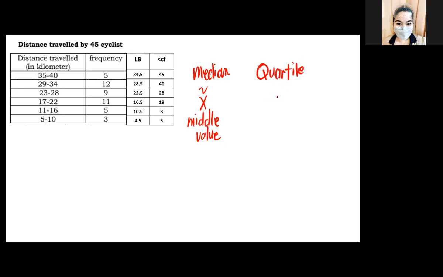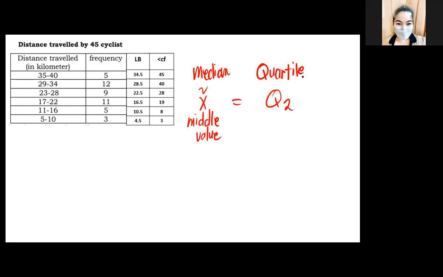Alin ang masasabi natin na median? Is it Q sub 1? Is it Q sub 2 or Q sub 3? Q sub 2 po. Q sub 2, yes. So, ibig sabihin, si median ay equal kay Q sub 2.